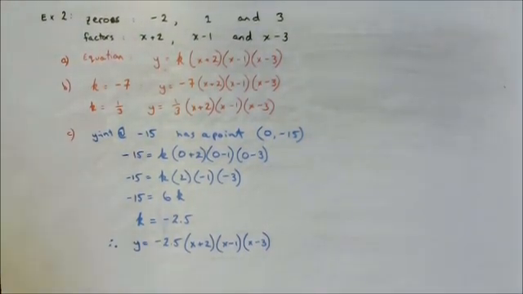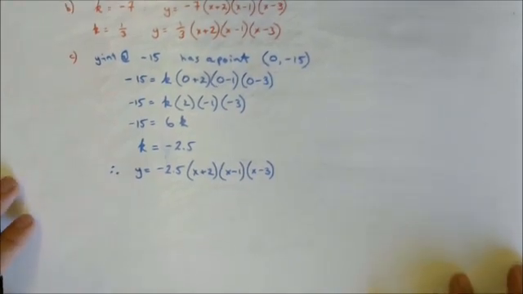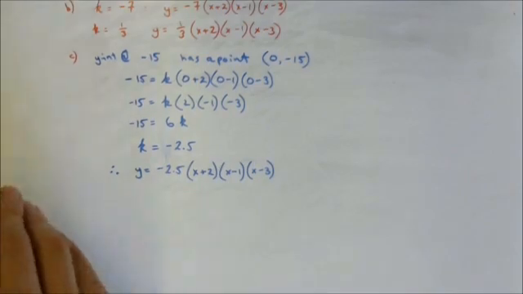And D asks us to sketch a graph of the functions in part B and in part C. So we're going to do our best to do that. I'm going to clear some space.